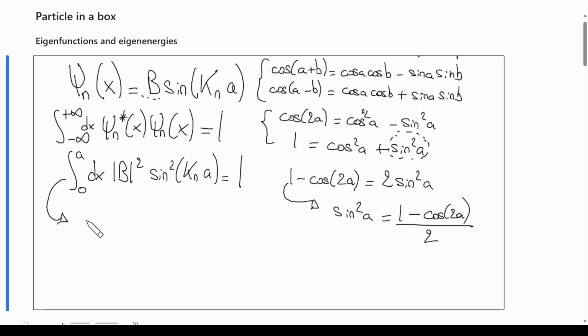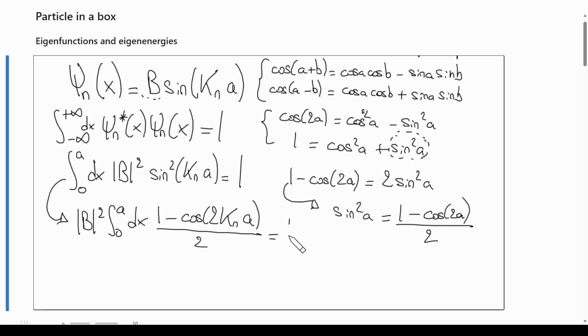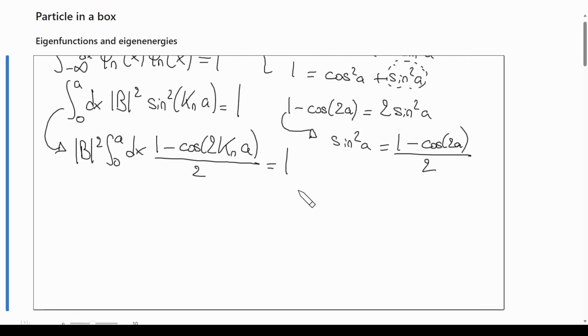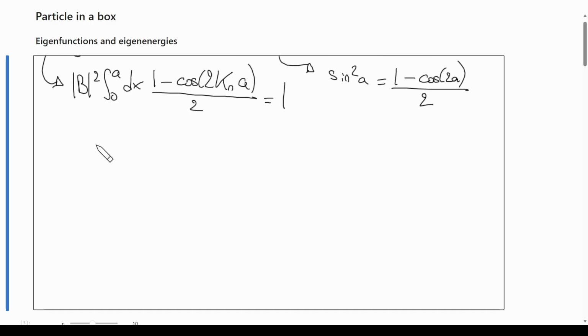So coming back to our normalization equation, we have B squared times the integral from 0 to a of dx (1 minus cos 2 kappa n x) over 2 equals 1. And this is a very simple integral.